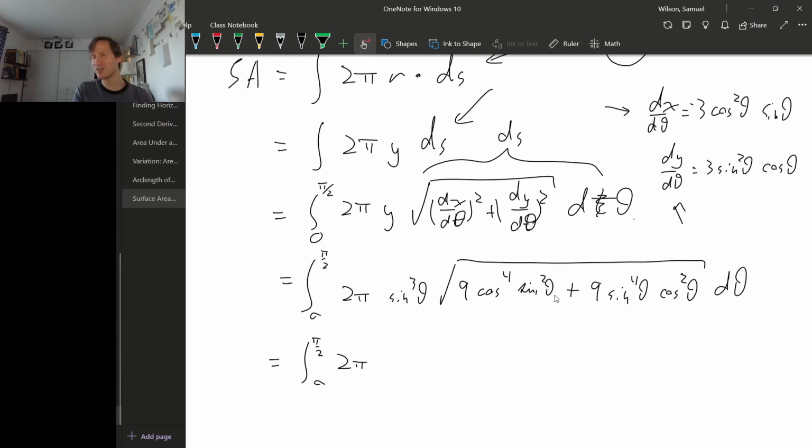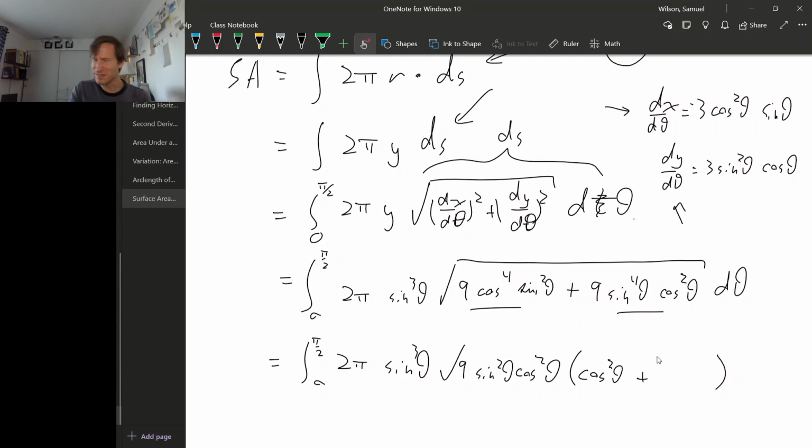Okay, I feel like I want to start by simplifying the stuff in the square root. So let's leave this sine cubed theta alone just for now. There's a lot in common inside the square root, so let's factor out the common stuff. We have a 9 in common, and both of these have a sine squared, and both of them also have a cosine squared. When we factored out the common factors from the first piece, the stuff that's left over is cosine squared theta, and from the second piece, the stuff that's left over is sine squared theta.